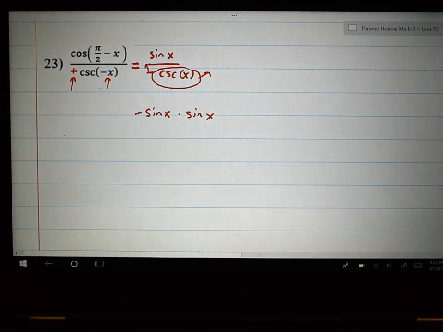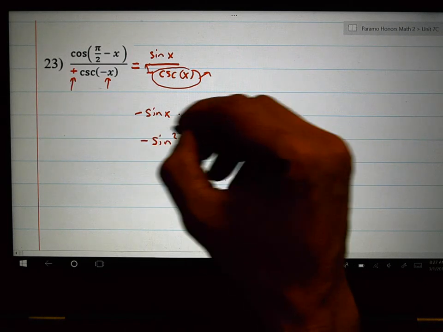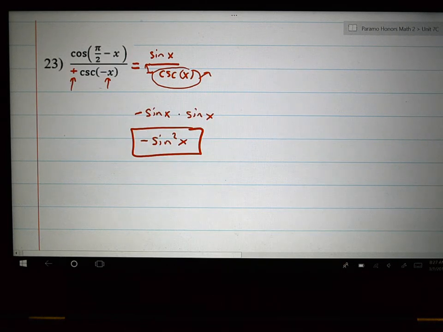I can do that. Sine of x times sine of x is sine squared of x, and it's negative for our answer for 23. There are your two examples. I'm going to end your notes right there.